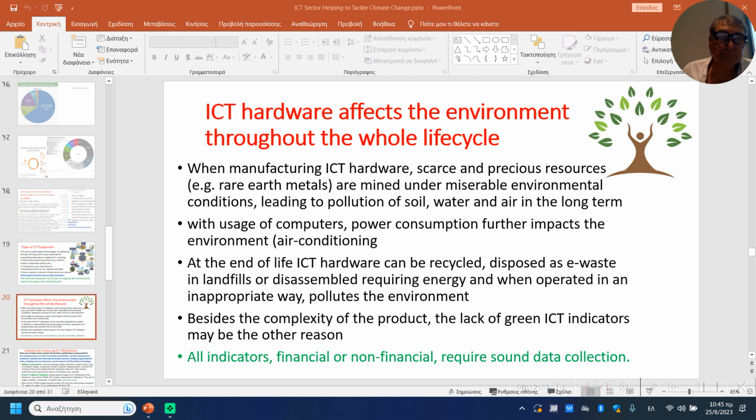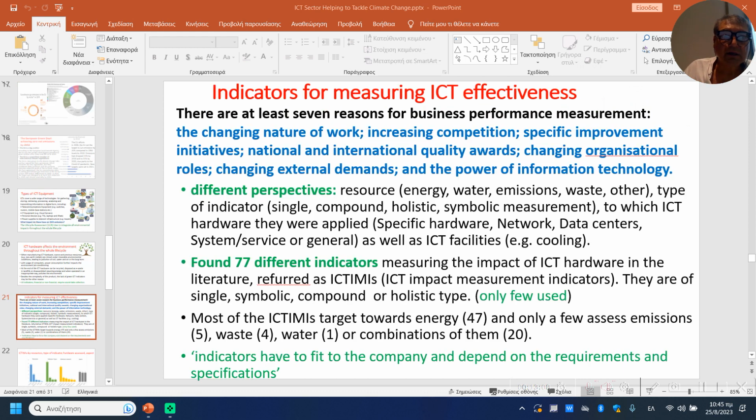First, the hardware: we have rare metals, we have different elements which are polluting for the environment. We have energy consumption. We have water consumption for cooling. We have other types of consumption and pollution from ICT operation in the world.